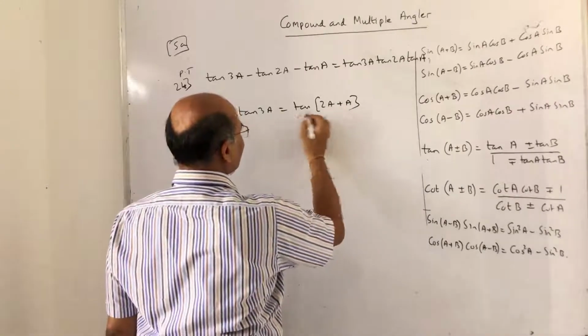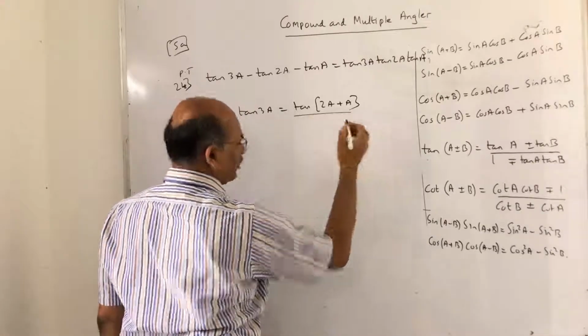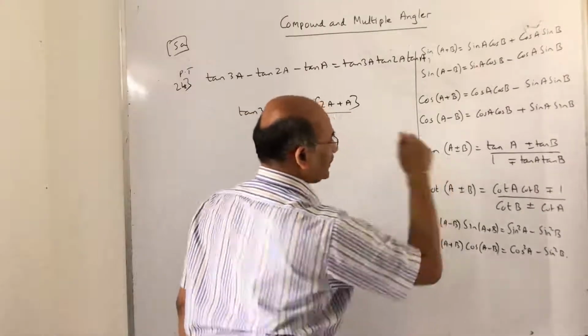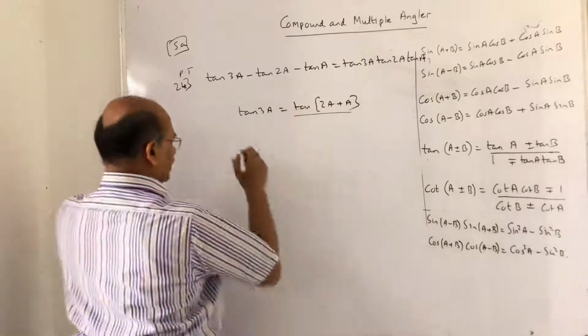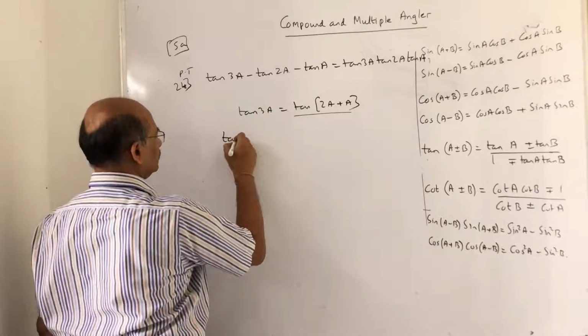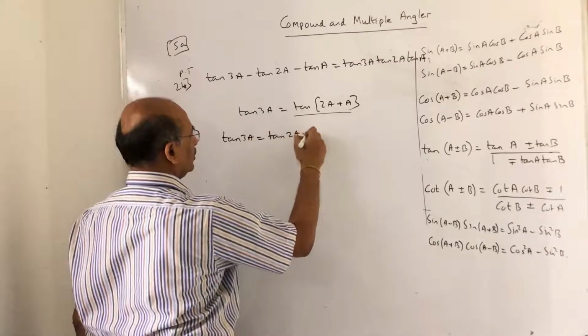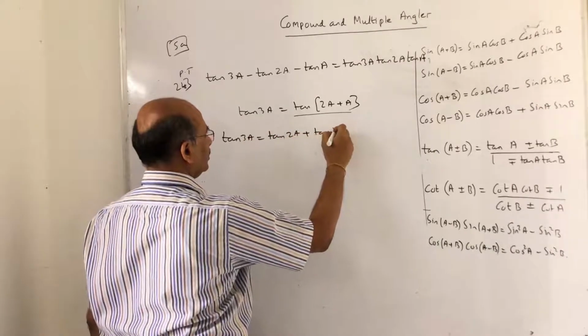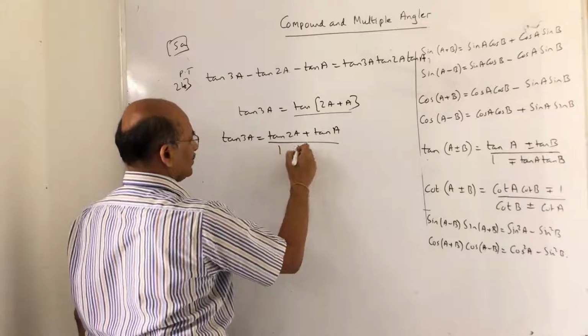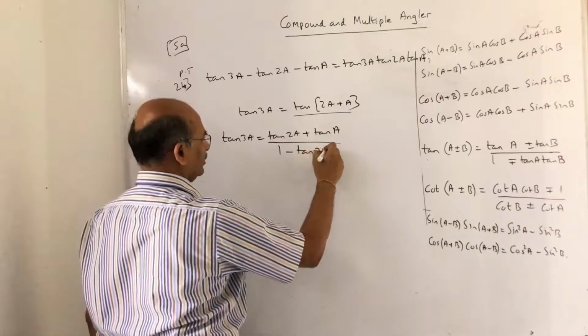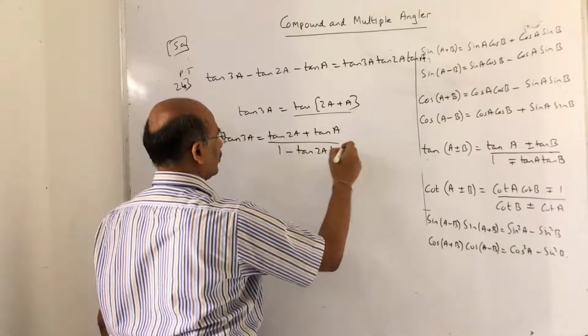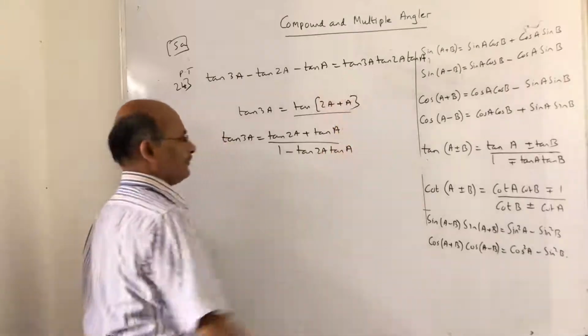But what is this? This is tan of what? Tan of A plus B? Apply the formula. So, tan 3a is equal to tan a plus tan b upon 1 minus tan a tan b, because my a is 2a and b is a.